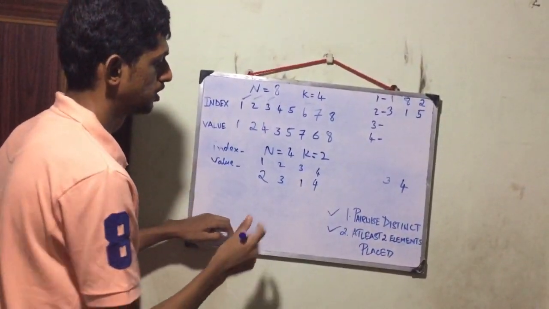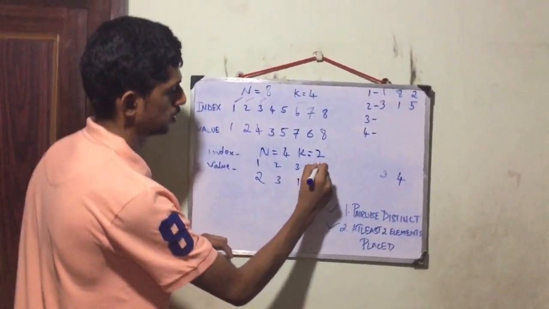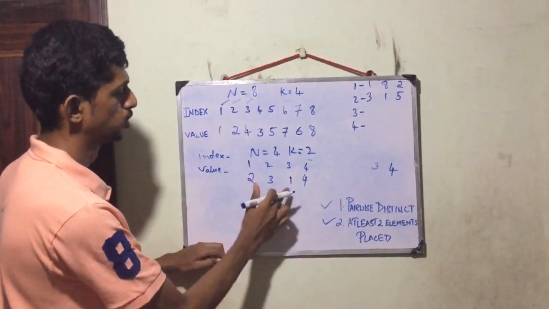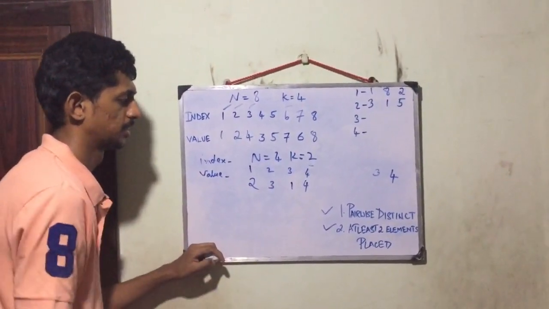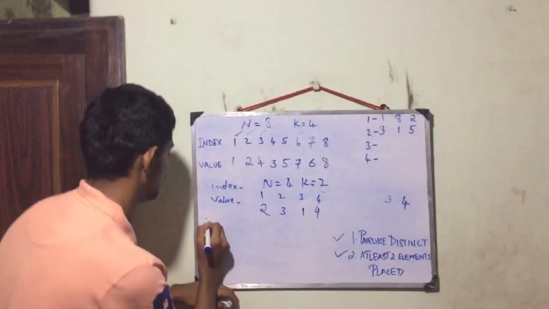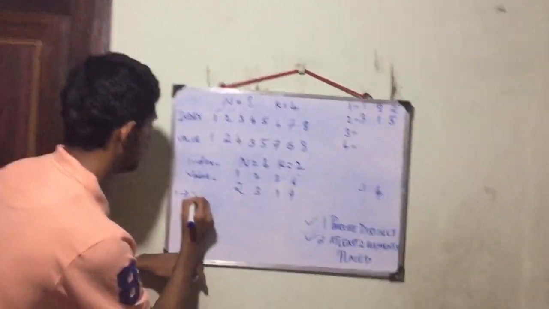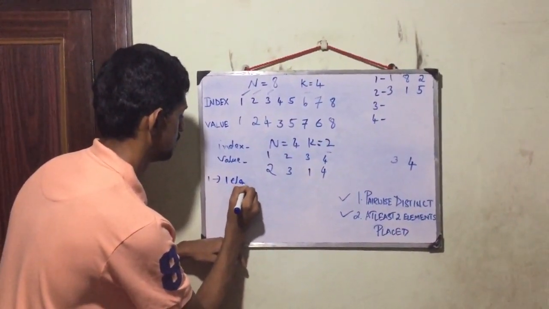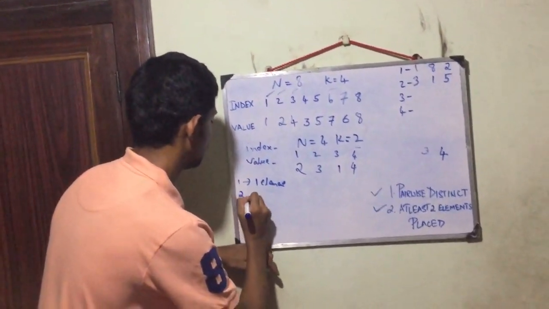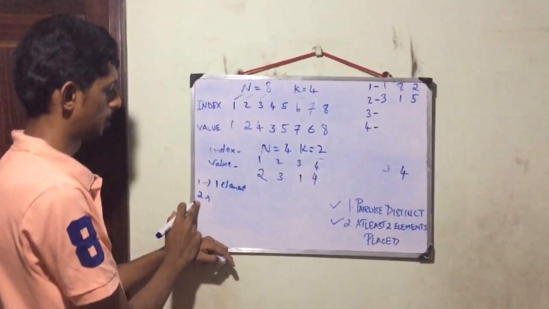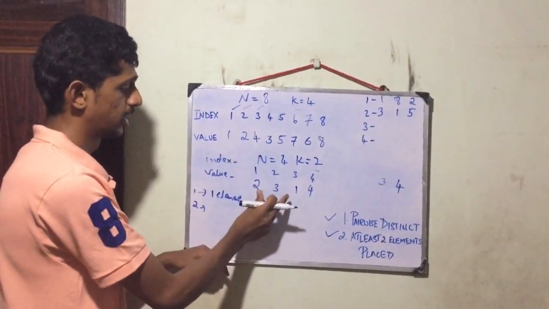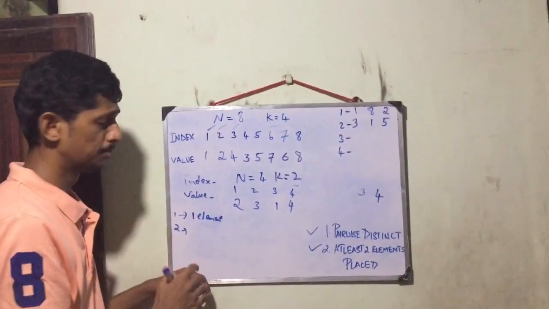Now see, 4 is placed, so no need to worry about that. This 2, 3, 1 is not placed. So I can say that in the first operation I have placed one element. In my last operation, that is the second operation, I have to place all the 3 elements. That is my aim.